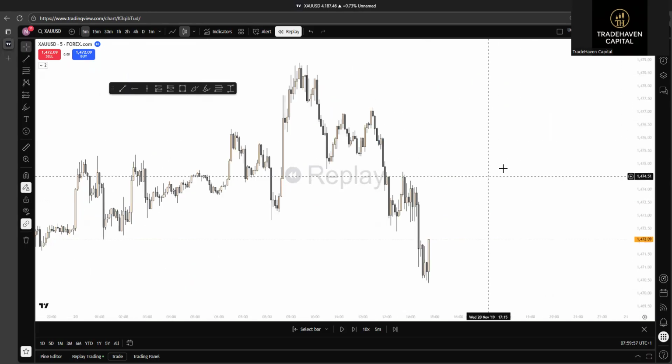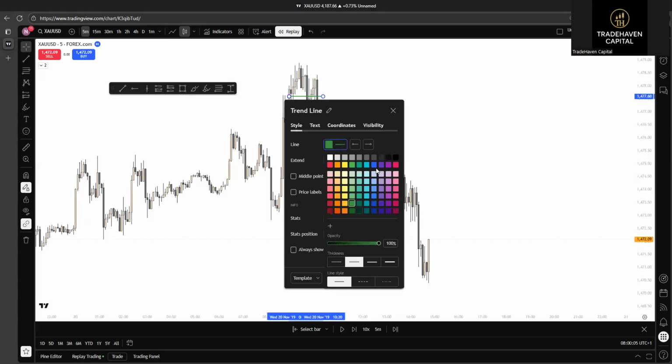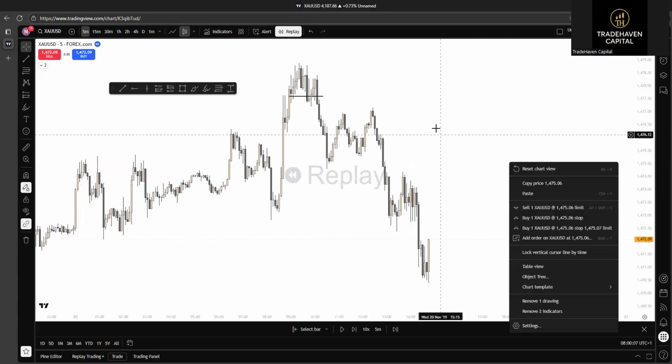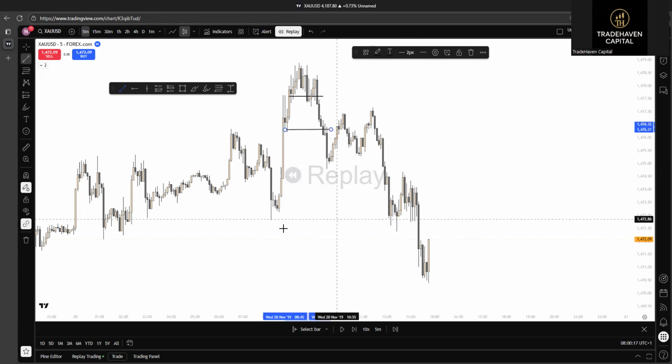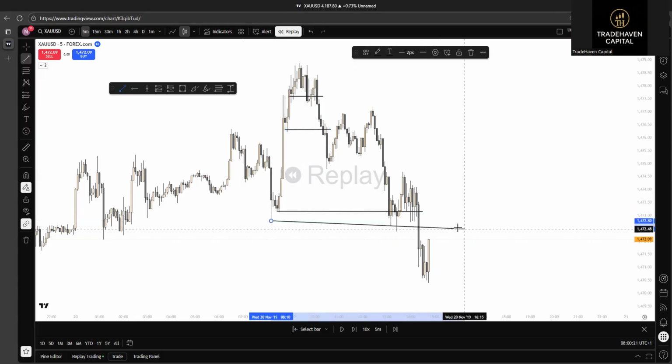I know some of you will mark here. This is the break of structure, right? Let me change this color. So some of you will mark here, and others will mark here, and others here, and others here.